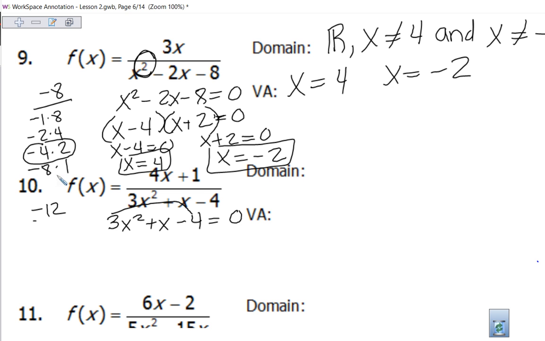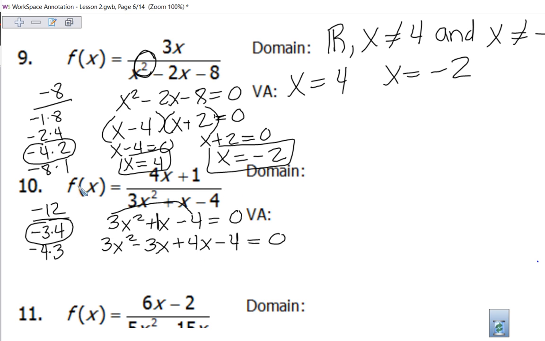So we need two numbers that multiply to negative 12 and add to positive 1. Is it negative 3 and 4 or negative 4 and 3? Negative 3 and 4. So when I split up the middle term, this would be 3x squared minus 3x plus 4x minus 4 equals 0.